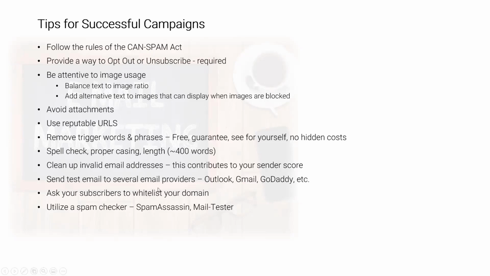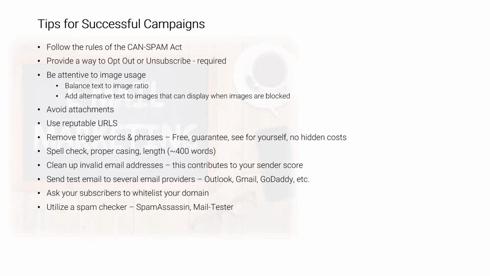Also with all of your pictures, you can add what's called alternative text to it, and you can do that in the template builder. Usually when an email comes into Outlook or something, they don't display the pictures right away. You have to right click and say download pictures.